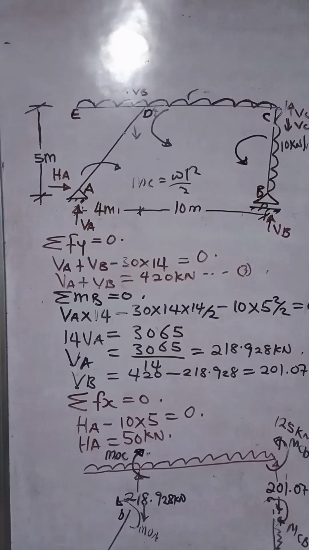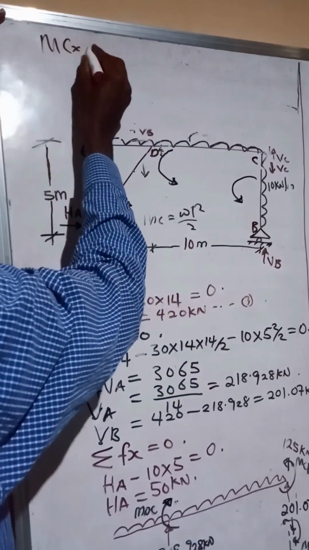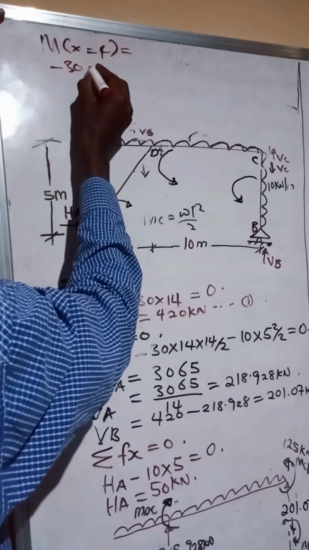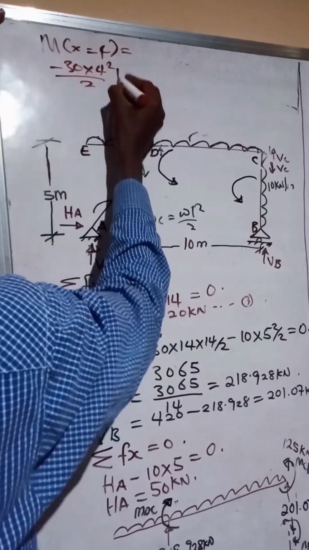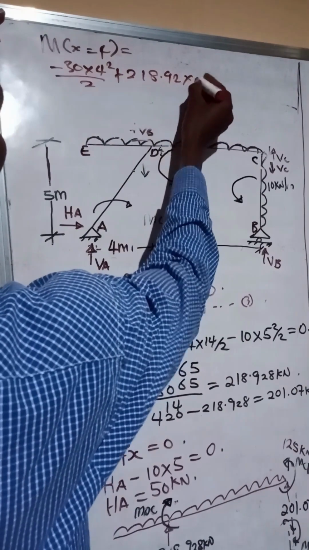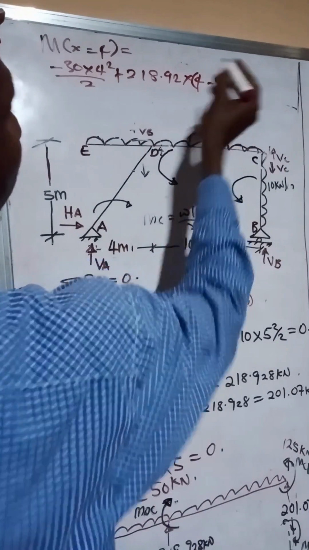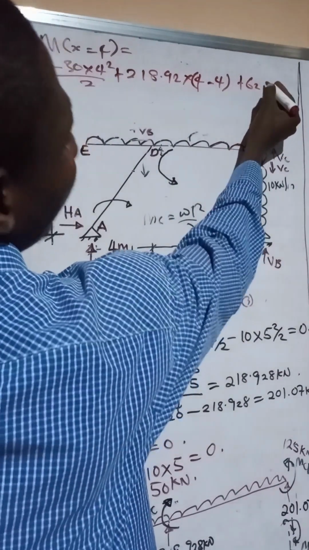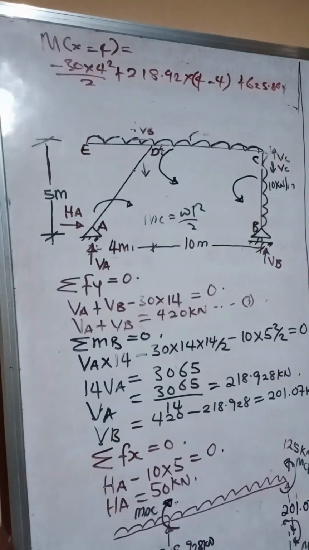So m of x, where x is equal to 4, will now be minus 30 times 4 squared over 2, then plus 218.92 times (4 minus 4), then plus 625.68.